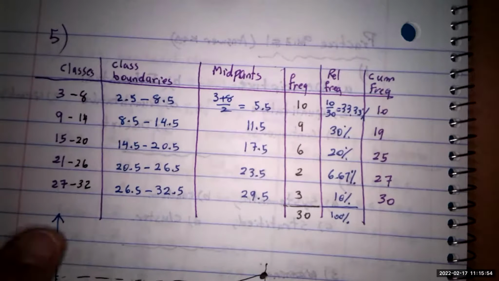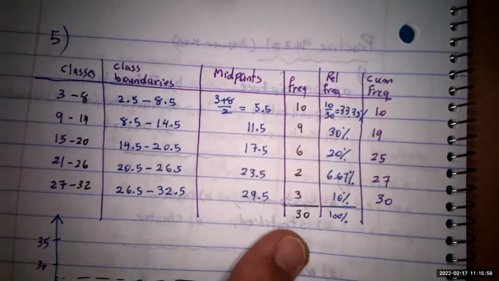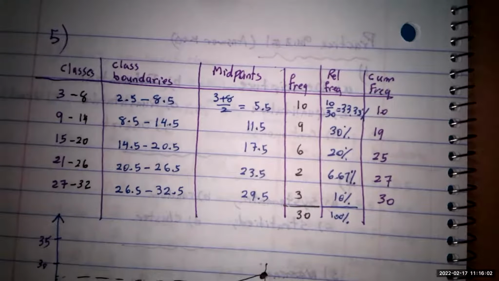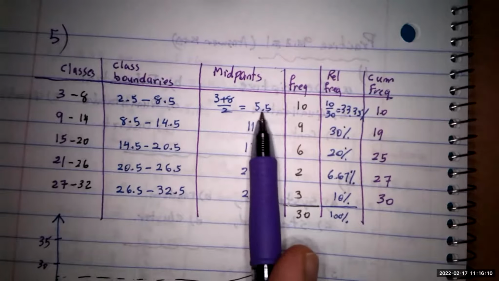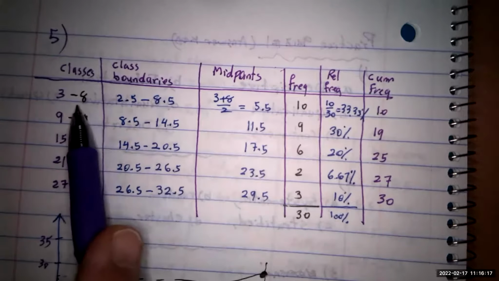For example, for this one, how many numbers do you have? The total frequency is 30. You have 30 numbers, but you don't have the actual numbers. The way we are going to do it, we go to this first class. Remember the midpoint? The midpoint is 5.5. And there are 10 numbers in this class.